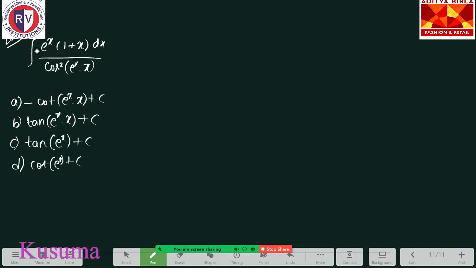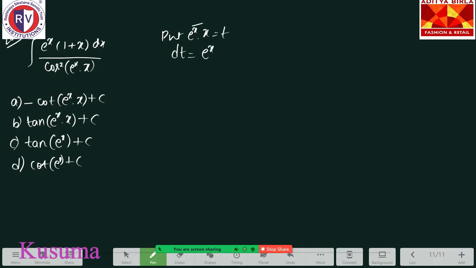So we'll put e to the power of x into x is equal to t. So what will be the dt? This is the product of terms.